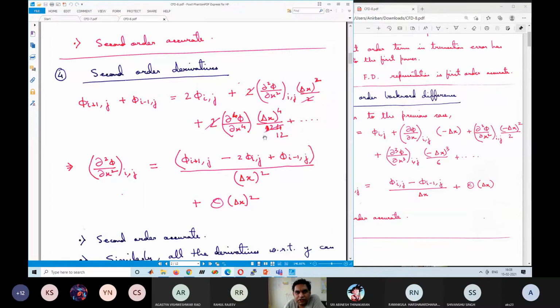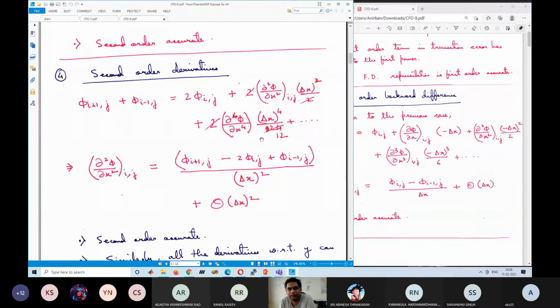The fourth order term is 2 del to the power 4 phi del x 4 into delta x to the power 4 by factorial 4, which is 24. So 24, you cancel this, so you are left with 12. Then the next term will be delta x to the power 6 term, then delta x to the power 8 term. All the odd values are getting cancelled.